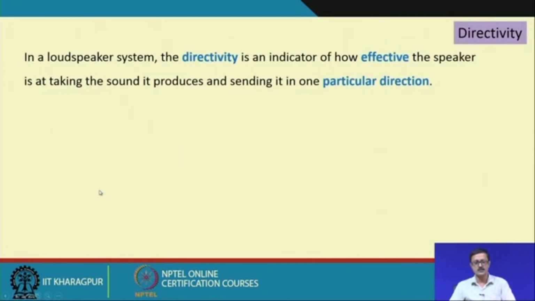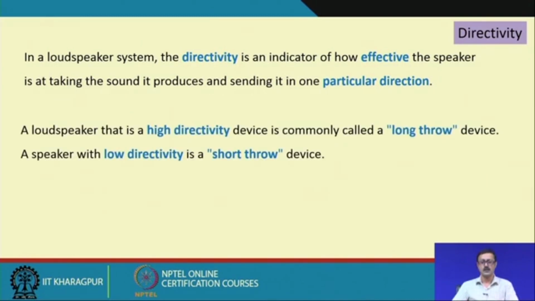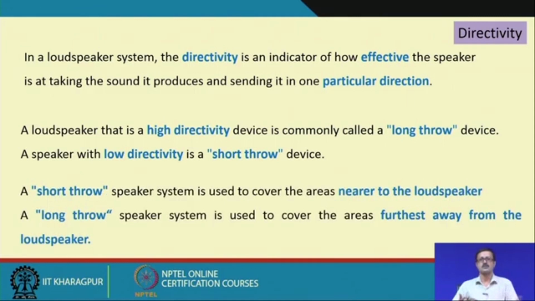The next one is the directivity of the loudspeaker, where the loudspeaker provides directive sound in a particular direction, and from the directivity point of view, it is a throw. Sometimes it is a long throw and sometimes a short throw.